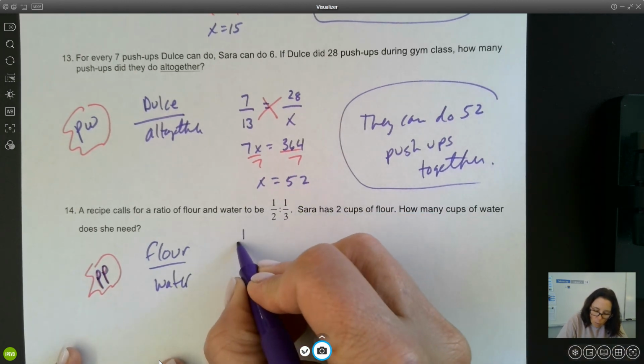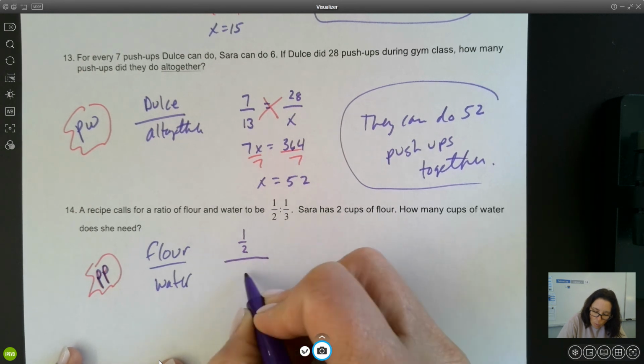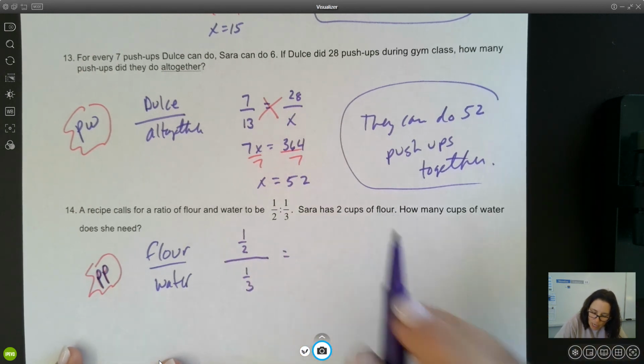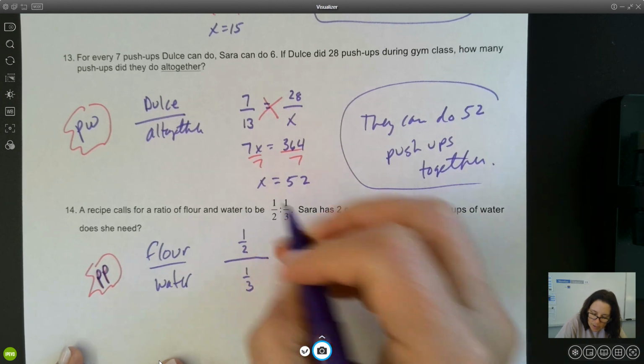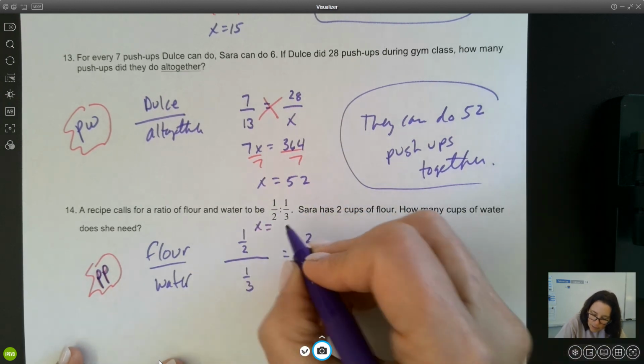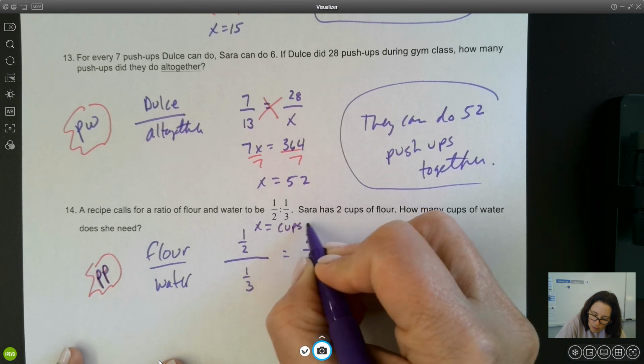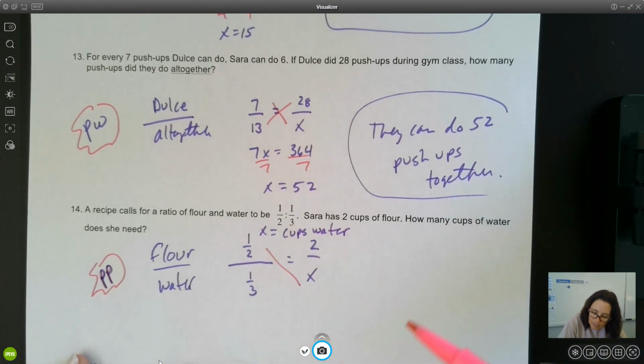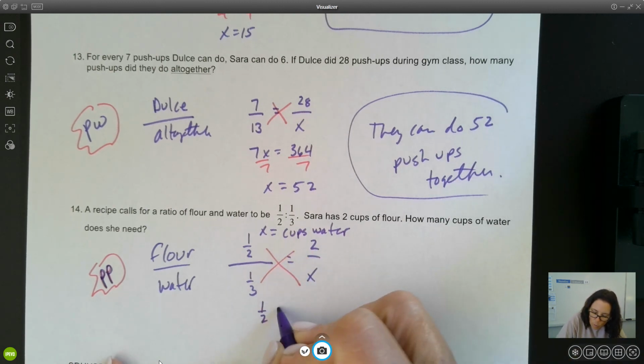Flour, 1/2. Water, 1/3. Flour is 2 over x, so x is cups of water. So I got 1/2 of an x. 2 times 1/3 is 2/3. 1/2 x equals 2/3.